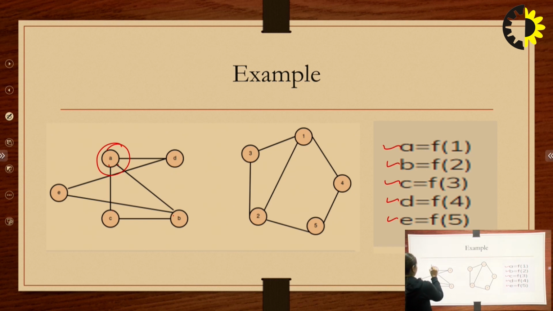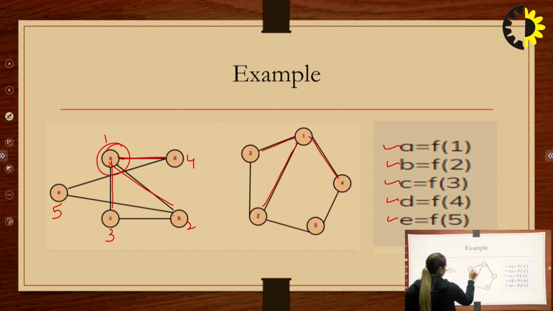Means A is 1, B is 2, C is 3, D is 4 and E is 5. Now 1 is connected. There should be an edge between 1 and 4, 1 and 2, and 1 and 3, right? Check for D. 4 and 1, 4 and 5.